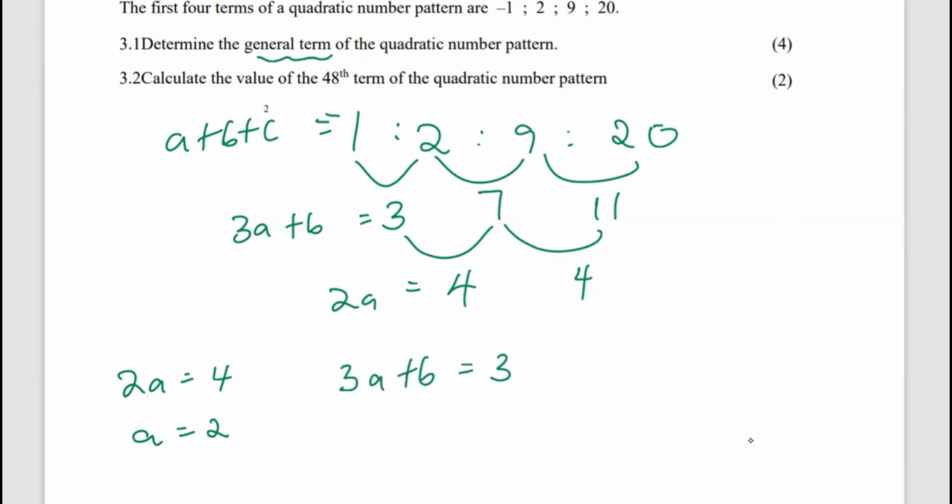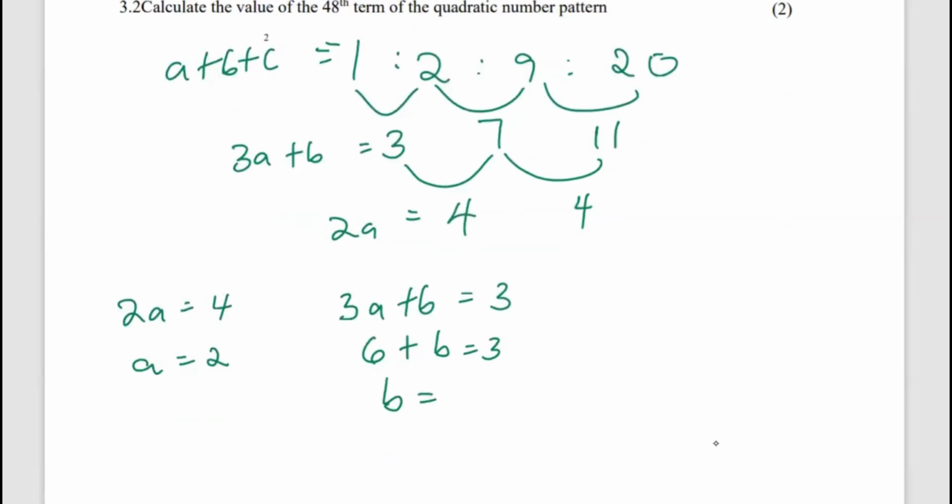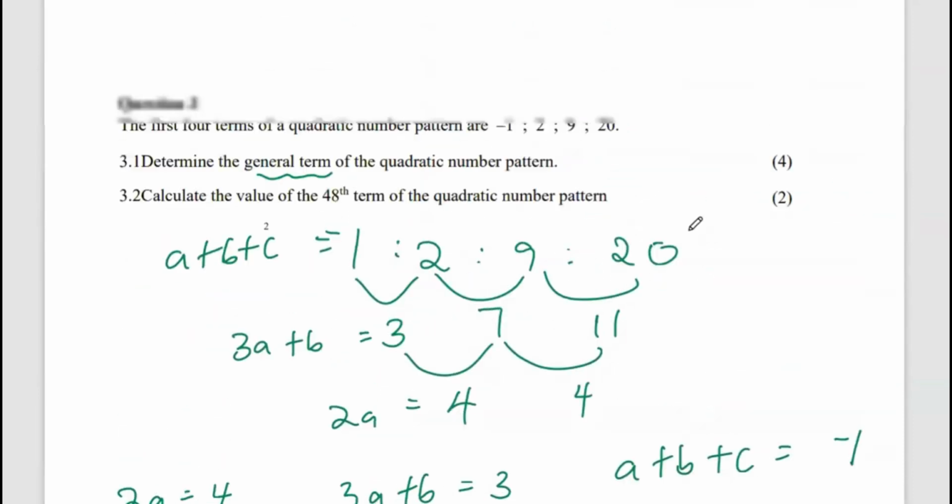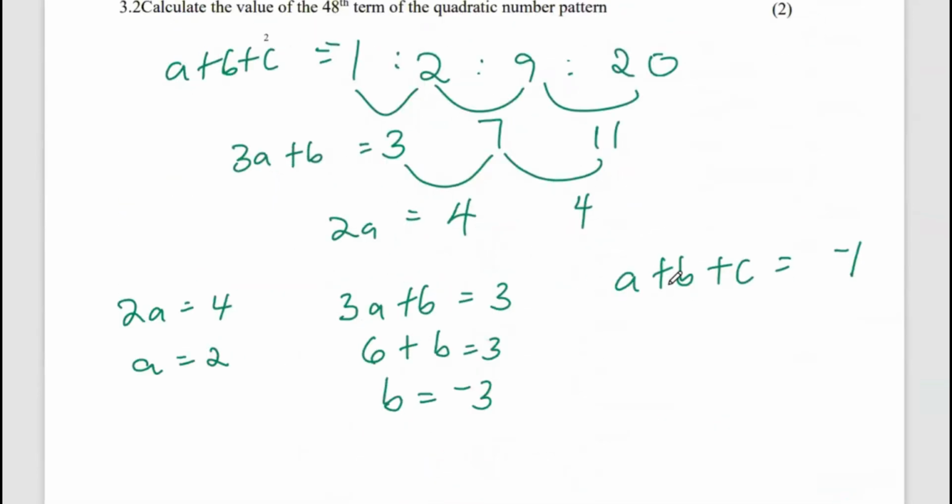But our a is 2, so that's 3 times 2, which is 6. So 6 plus b is equal to 3. You move that to that side. That's going to be 3 minus 6, which is negative 3. All right. Then lastly, we have a plus b plus c is equal to negative 1. Let's substitute.